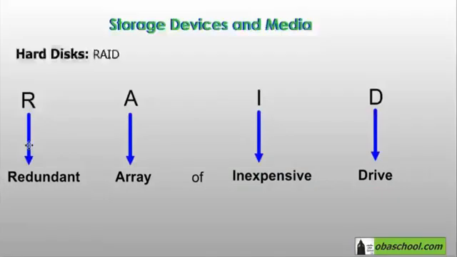The RAID is a way to save data on more than one hard disk, because if there's damage in one hard disk, then I will not lose the data and I will get it from another hard disk. So for example, if I save my data on one hard disk and it is damaged, then my data is lost. However, if I use RAID, I will not lose the data because it will be saved on another hard disk. Let's together look at this picture.